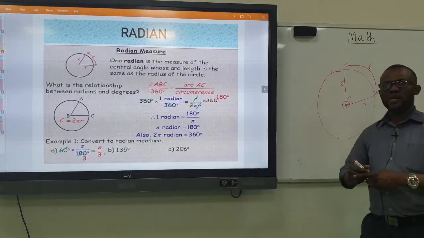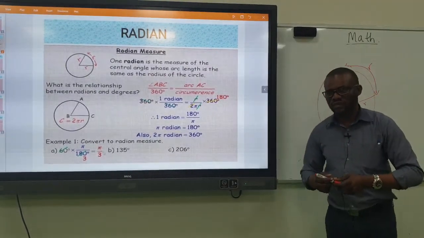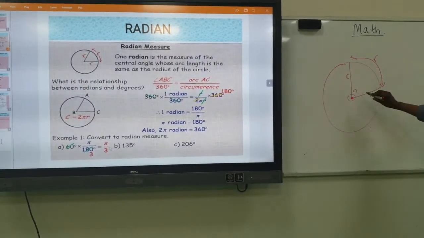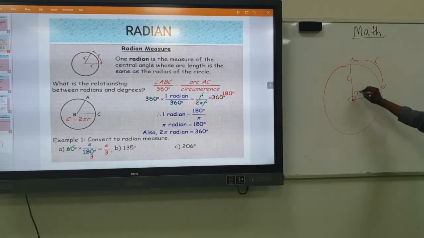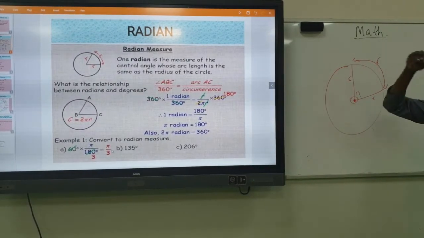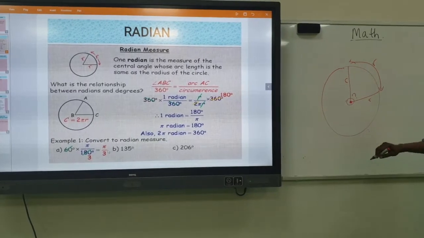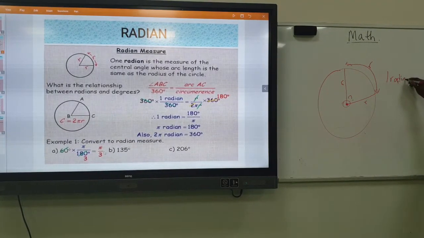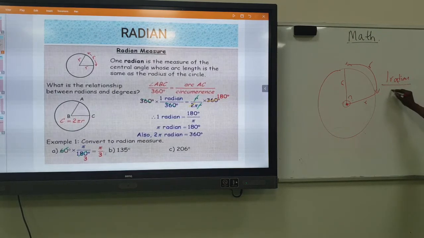So now, here we have the concept. The first concept is, we know that this angle here is a fractional part of the angle at the center, meaning that 1 radian is a fractional part of 360.